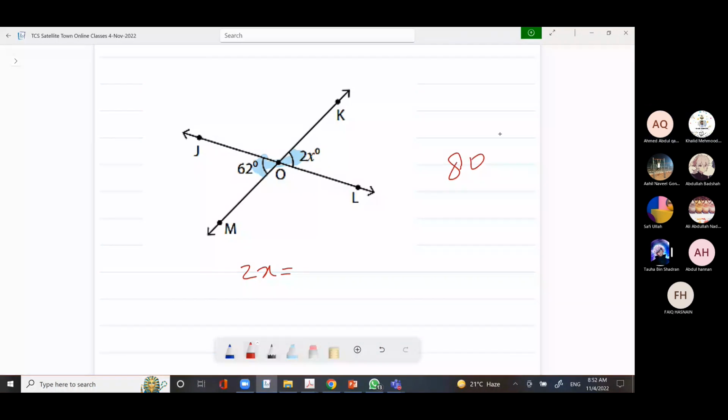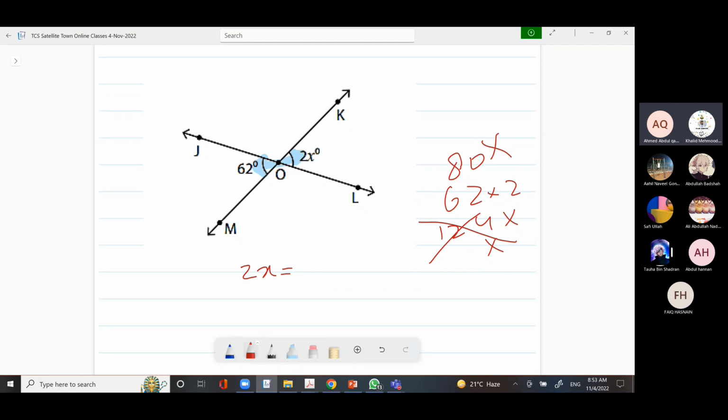Okay, wrong. What else? Try your guess. 62 multiplied by 2. Okay, 124. Wrong. 124 is wrong. What else? 124 is wrong.